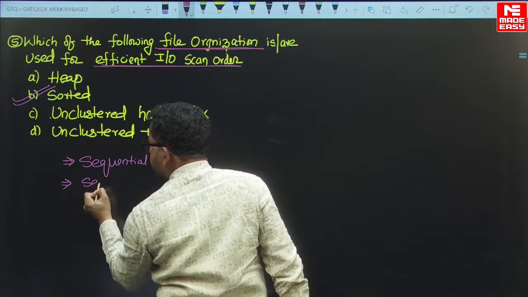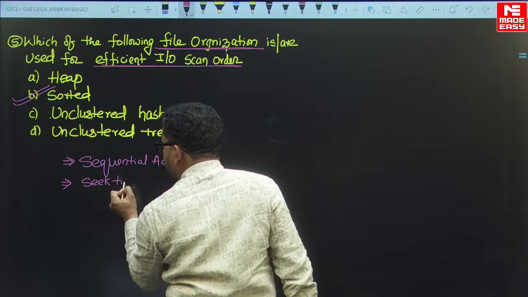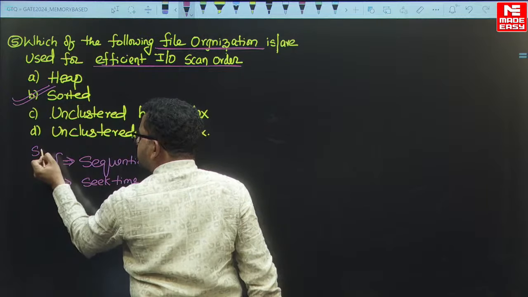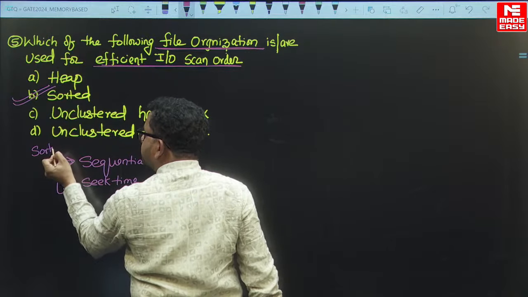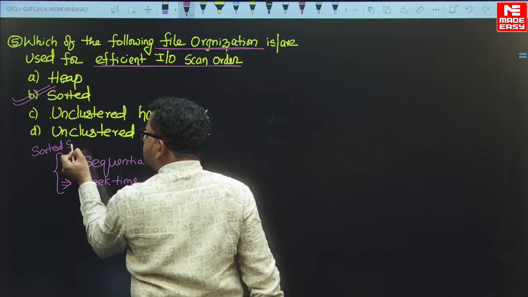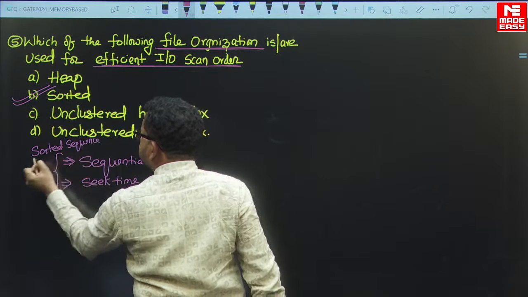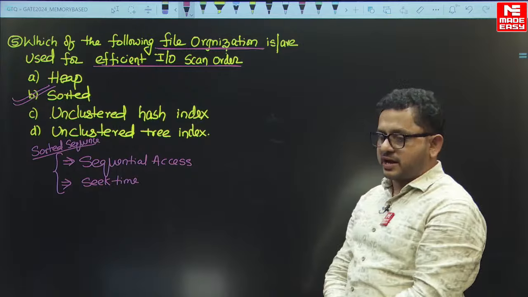I am not going into detail. The physically sorted sequence is better for the access cost, IO scan order.